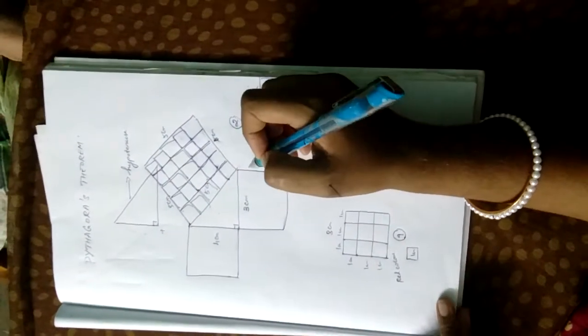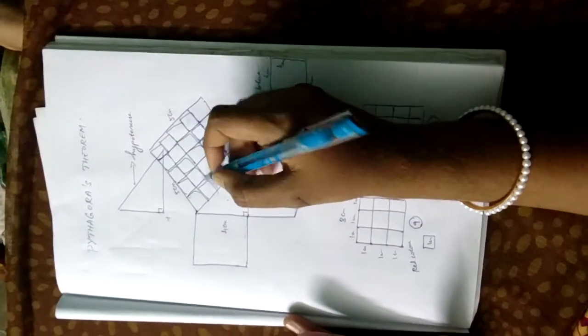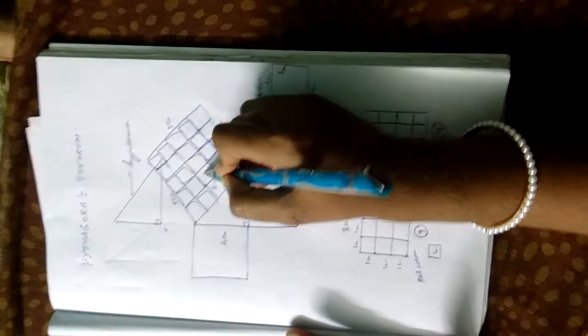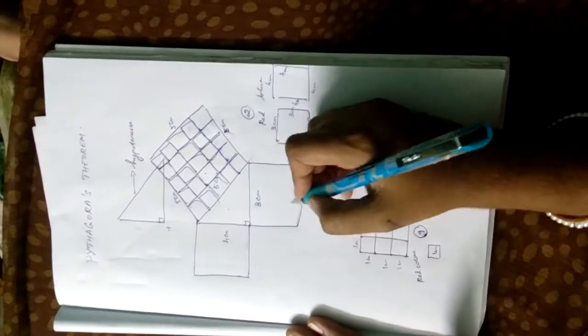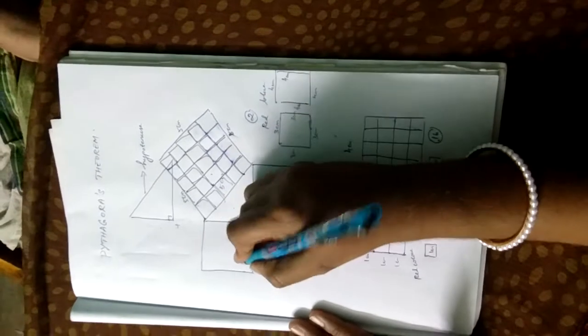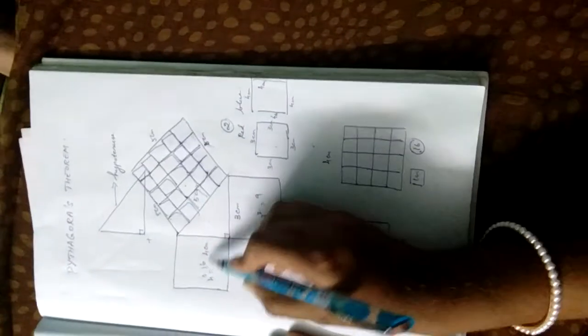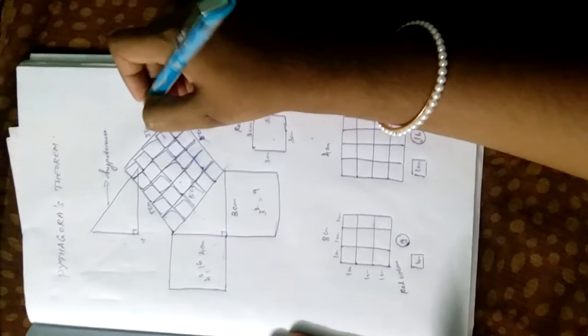From this, what you can understand is that Pythagoras is telling that the square of the hypotenuse is equal to the sum of the squares of the other two sides. That means 3 square is 9, 4 square is 16. So the sum of these sides' squares is equal to the hypotenuse square.